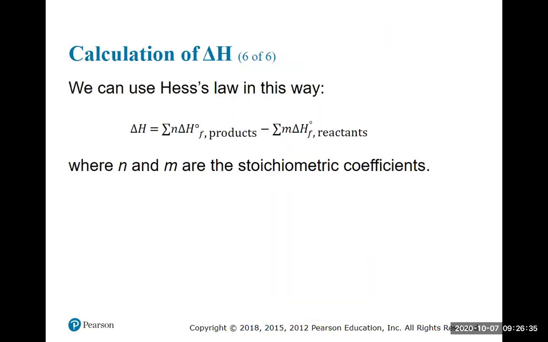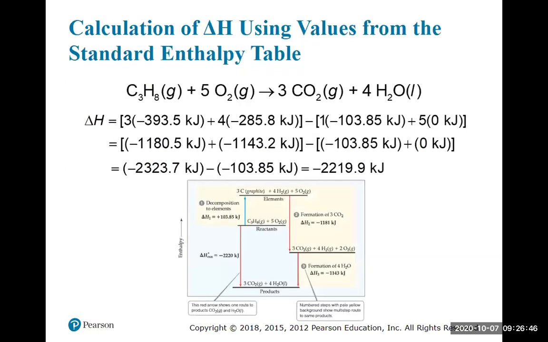Just to remind you of what we did, we summed up the delta H values from the products, and then subtracted the delta H values from the reactants. And we used those coefficients in our formula to know if we needed to multiply each of those delta H values by anything.